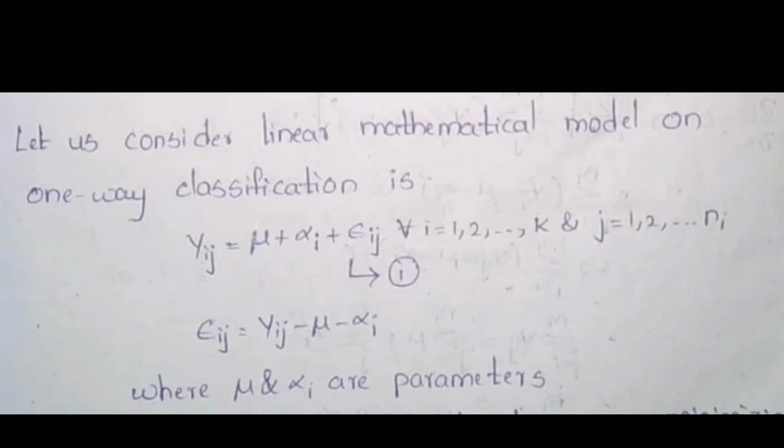Now we estimate the parameters mu and alpha i of the model equation. We estimate the parameters using the principle of least squares, minimizing the error sum of squares. Here we write the error value: eij equals yij minus mu minus alpha i.